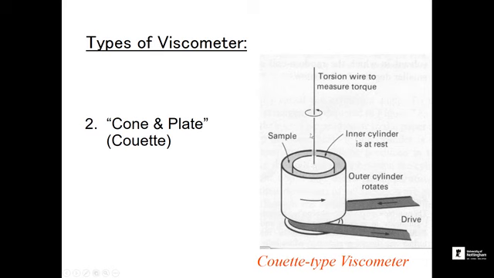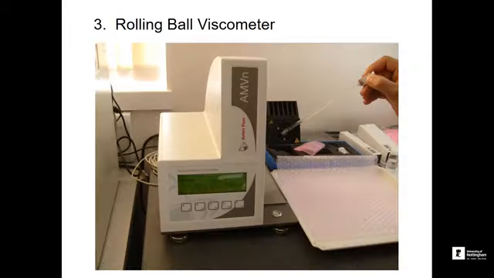The more viscosity, the more torsion for a given drive speed. And this is used for more concentrated solutions of molecules, what we call non-Newtonian, because we can change what's called the shear rate by changing the speed of the drive. This is called a cone and plate or couette type of viscometer.